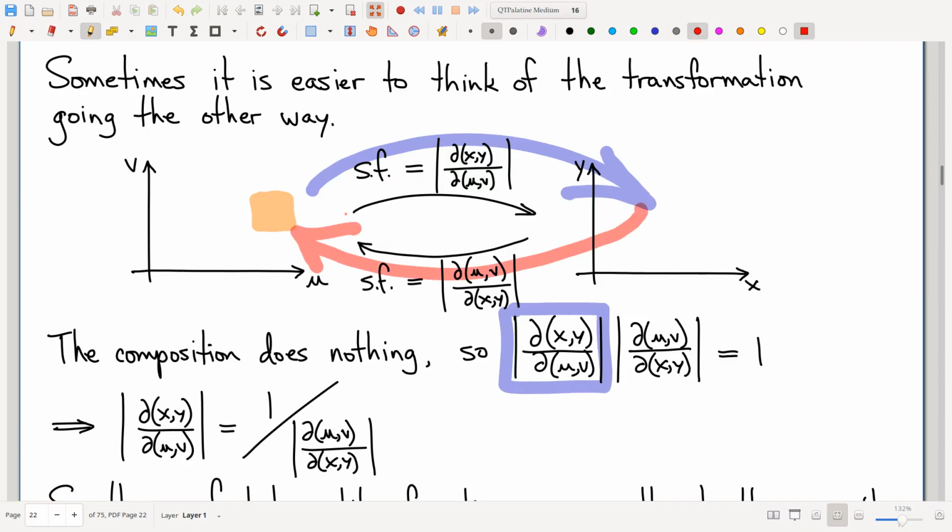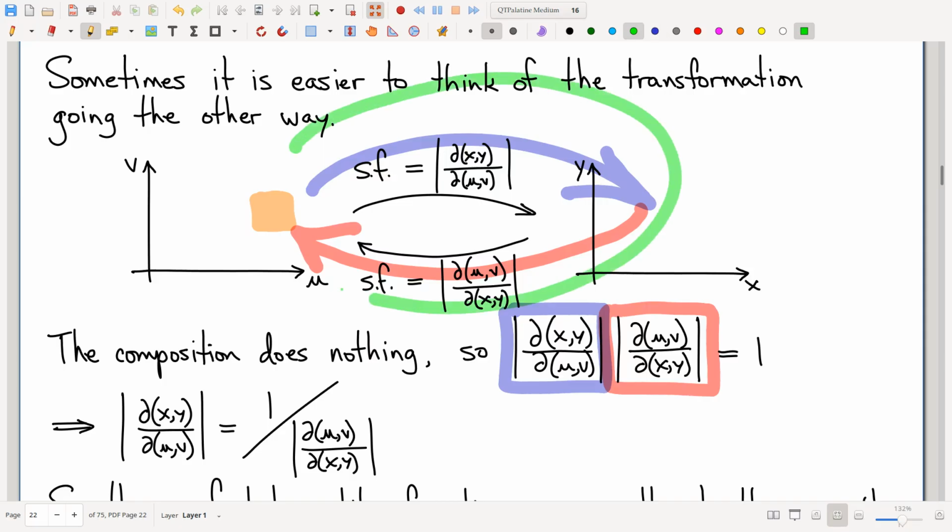Well, that's going to take whatever area I had here and stretch it by this recently established stretching factor. So altogether, that orange area is going to be stretched by a factor which is the product of these two factors. And by the way, what do you get when you take something and you push it over and bring it right back? You get exactly the same thing. And that means that the overall stretching factor, kind of obviously, has to be 1.